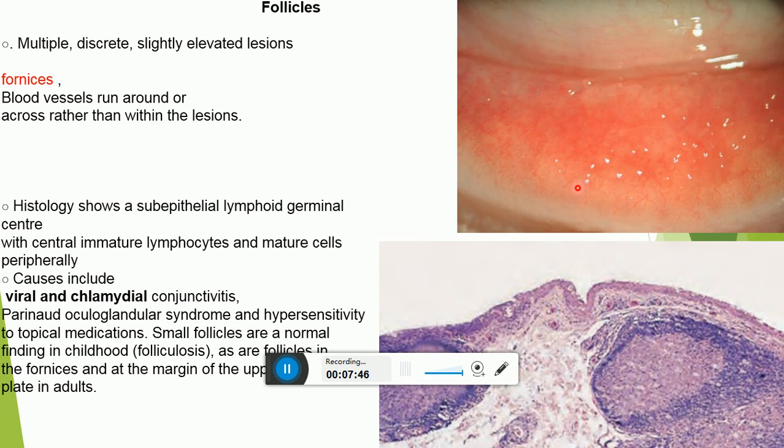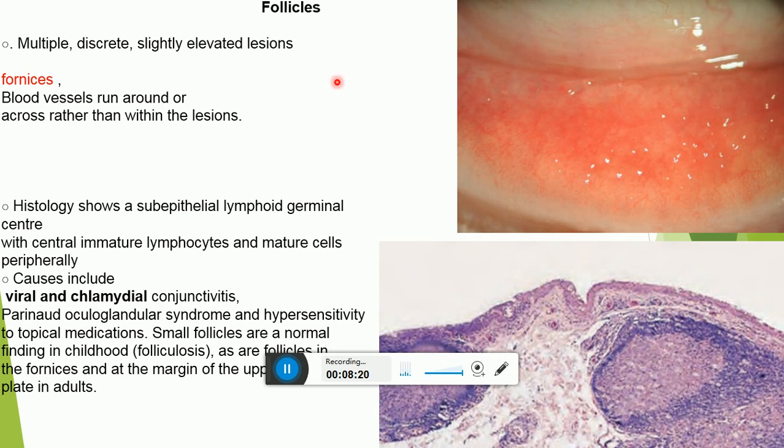In follicles, the blood vessels do not cross within the lesion. So this distinguishes them from papillae, where the blood vessels lie within the lesion. Histologically, there is a subepithelial lymphoid germinal center, with central immature lymphocytes and mature cells peripherally.